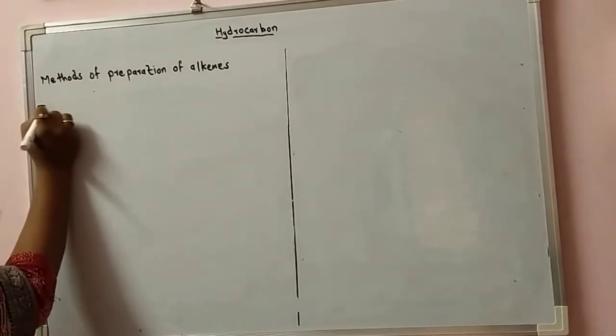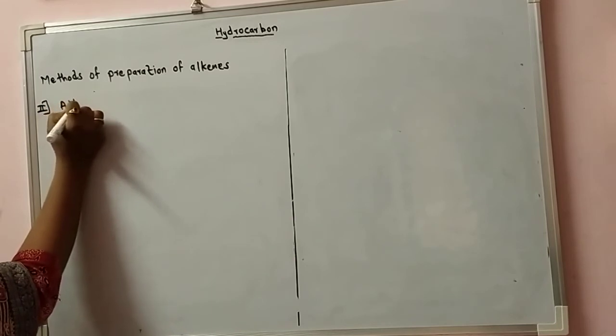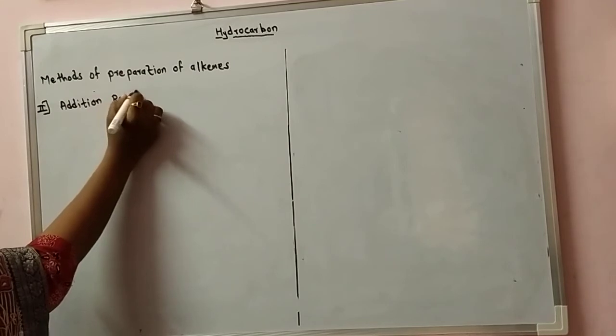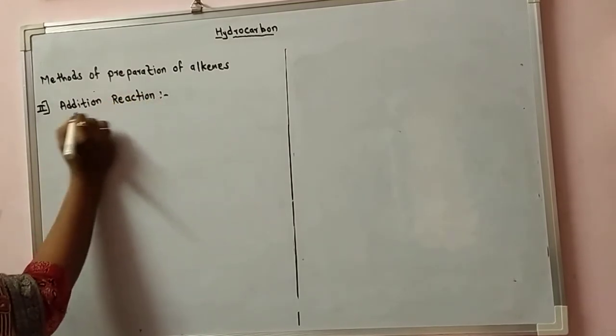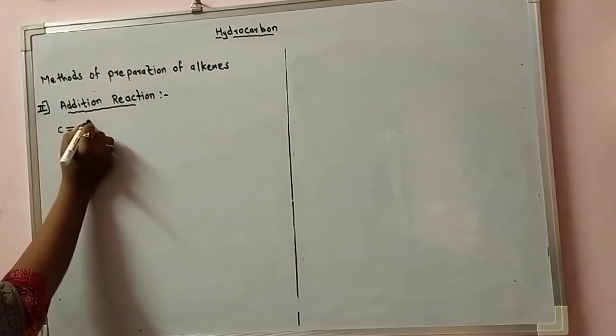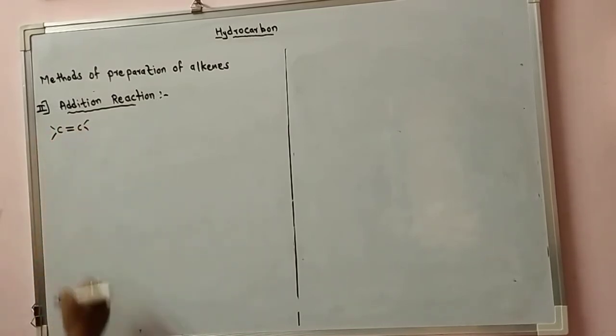Now the next type of reaction is the addition type of reaction, addition reactions. Here we have to get an alkene using this type of addition reaction. The product with the double bond is obtained from a triple bond in this reaction.